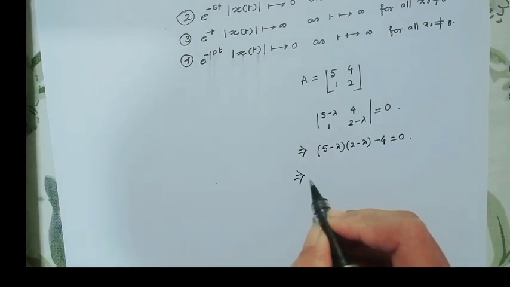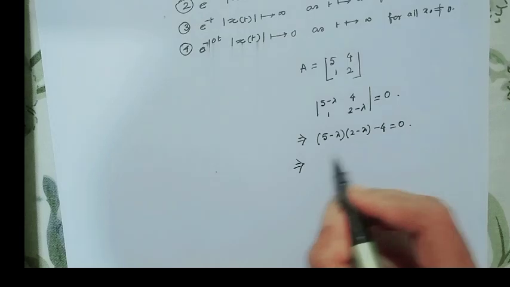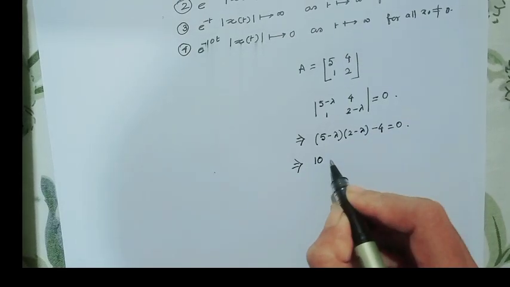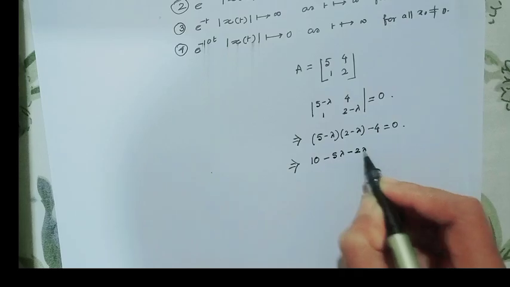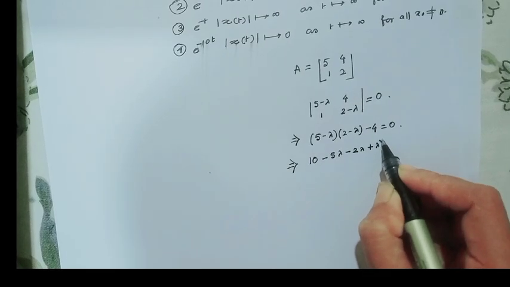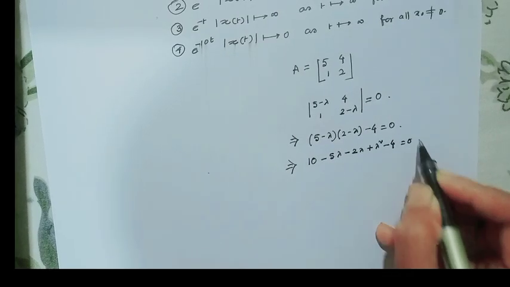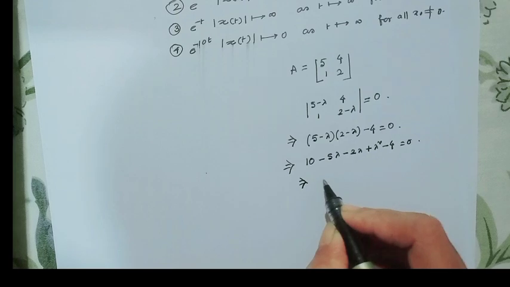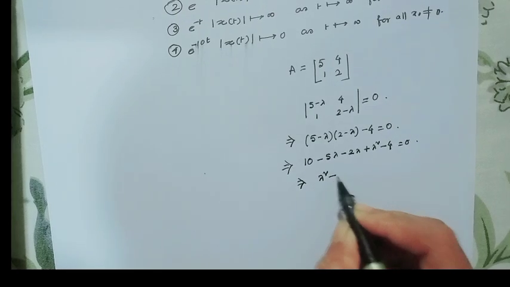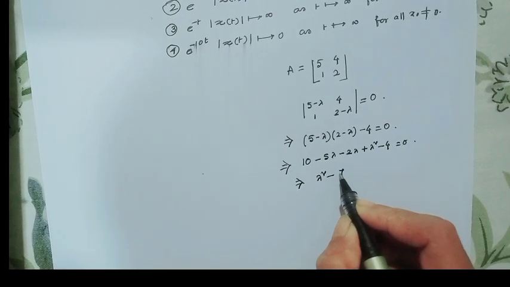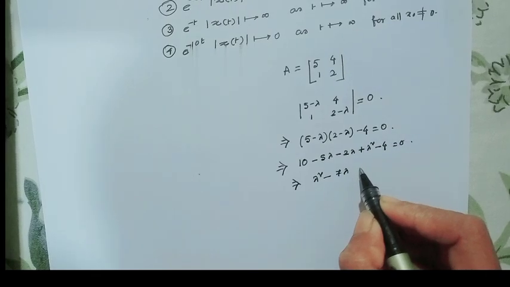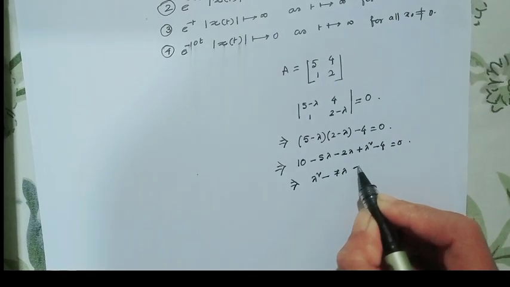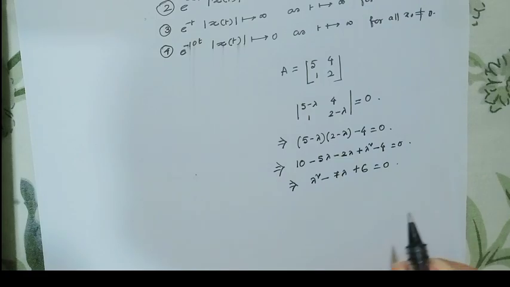This implies 10 minus 5 lambda minus 2 lambda plus lambda squared minus 4 equals 0, so lambda squared minus 7 lambda plus 6 equals 0.